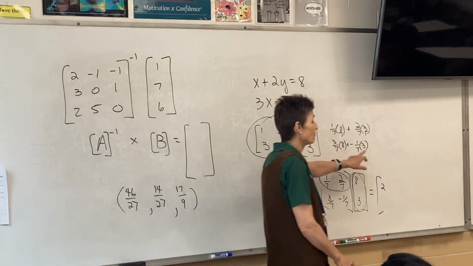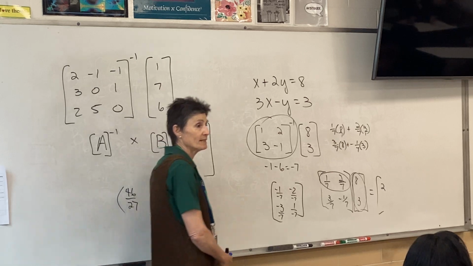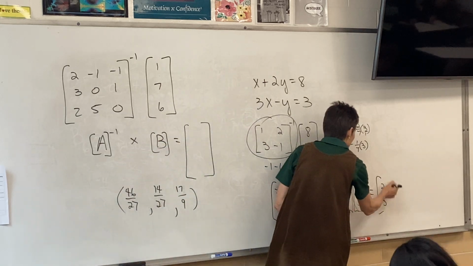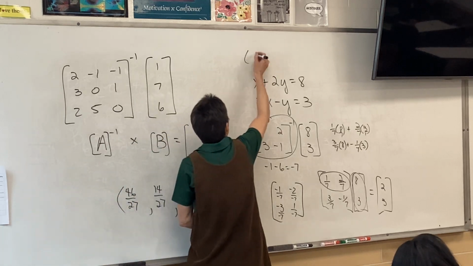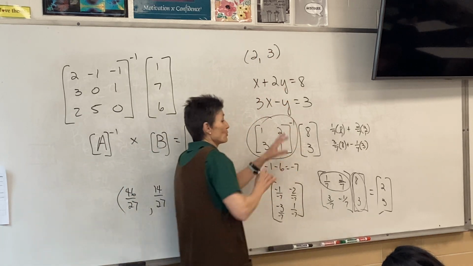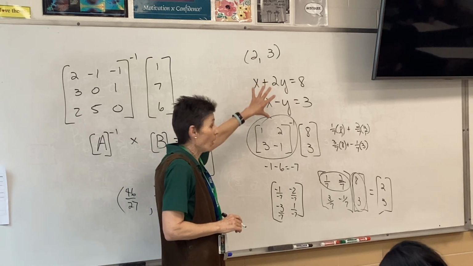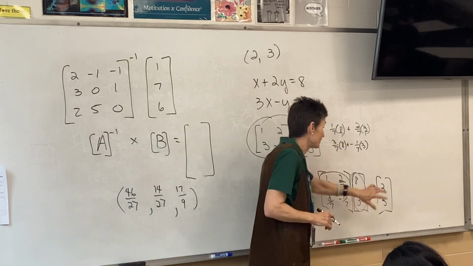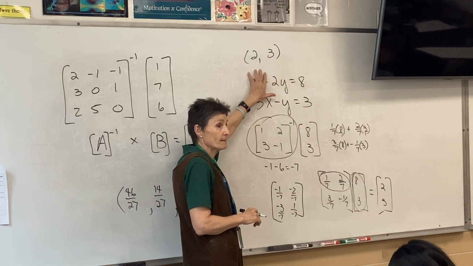That would be 24 minus 3, which is 21 divided by 7 is 3. So the answer to the question is 2, 3. Remember, your answer is a point. On the calculator, it would look like this. But that's a point, 2, 3.